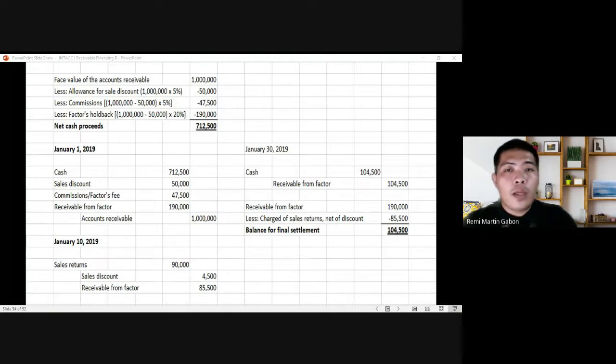Receivable from factor, which is an asset account of Speed Company, 190,000, and credit accounts receivable, 1 million. Okay? So kindly raise hand if able to catch up to that point.